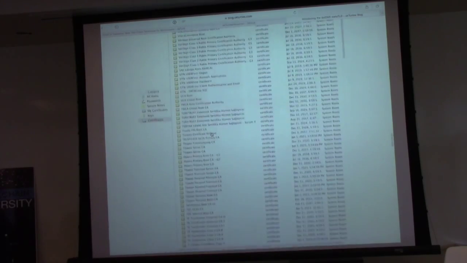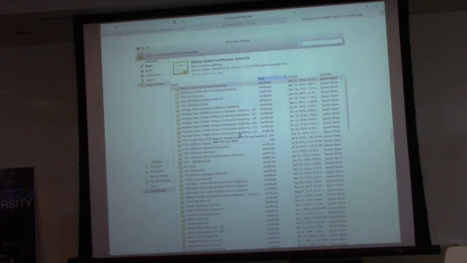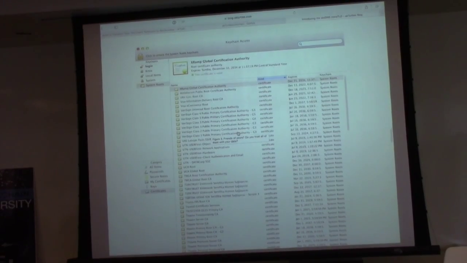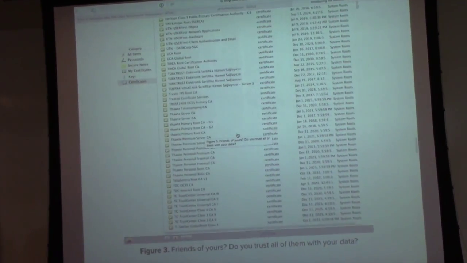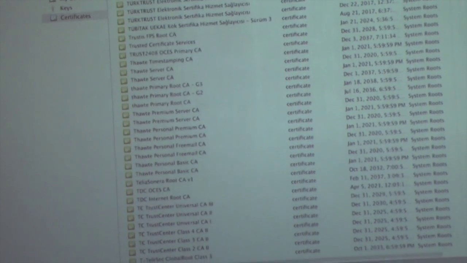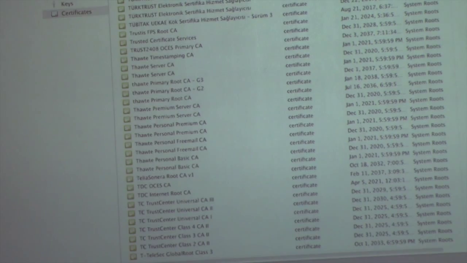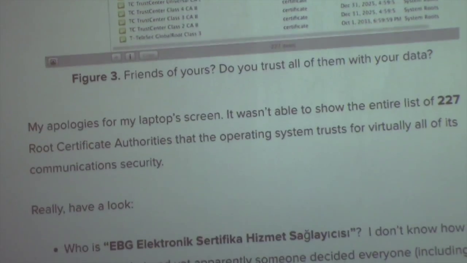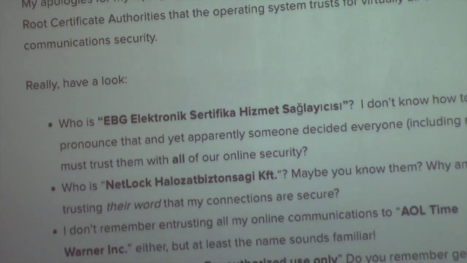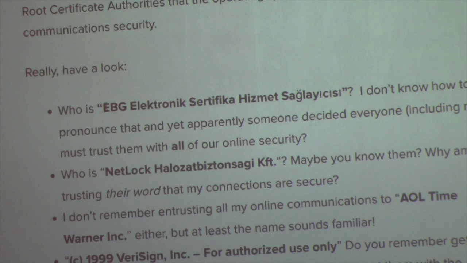So here's the list on OS X of these certificate authorities. As you can see, it's a very long list, about 227 of them. So I ask the question: are these friends of yours? Do you trust them all with your data? Really read through this list. How many of you can pronounce that?